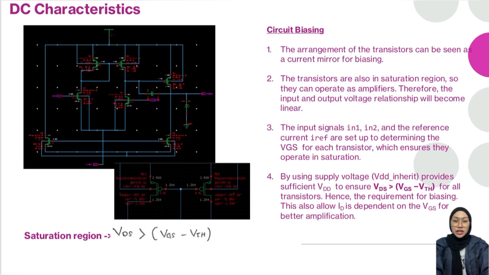The input signals and reference current are configured to ensure the required VGS for each transistor, keeping them in saturation. Additionally, the supply voltage is optimized to satisfy the condition, ensuring proper biasing and enabling efficient amplification.